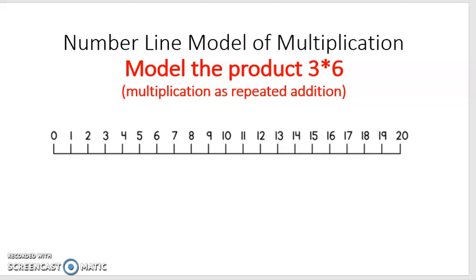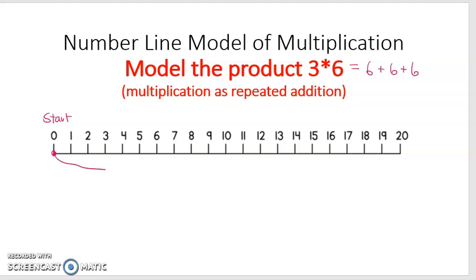The other way to represent multiplication is with number lines. I think number line models are an ideal way to make a transition from concrete mathematics to mathematics that's more abstract. In the number line model, again, you use multiplication as repeated addition, so 3 times 6 would be equal to 6 plus 6 plus 6, and you represent that on the number line. I'm going to start at 0, that's my starting point, and take 3 jumps of 6.